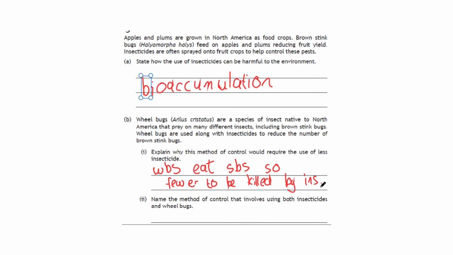Okay, so wheel bugs will prey upon the stink bugs, so that means there's fewer bugs which need to be killed with the insecticides, so you would need to use less of it.